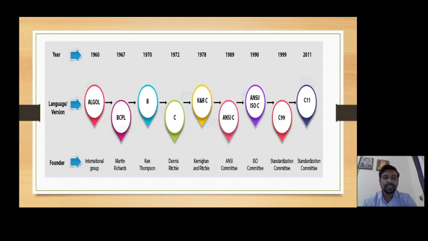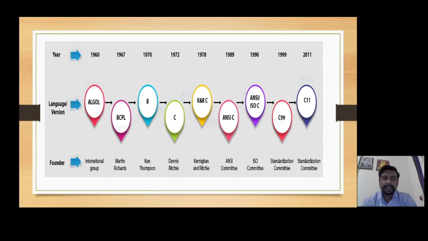The journey started from 1960, with a first version developed with the help of Algol, then BCPL, that is Basic Combined Programming Language.